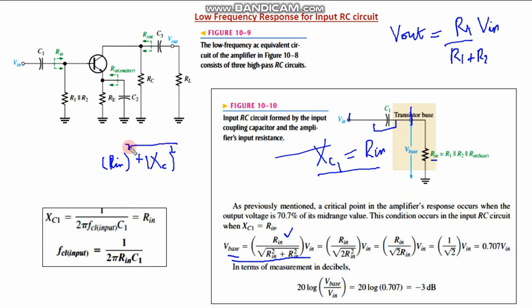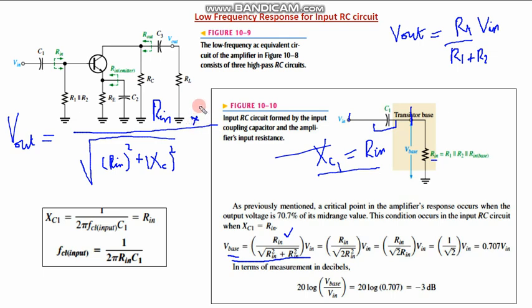So in the denominator it looks like this, and in the numerator I have Rin. This is now equal to V out, I can say, to make it similar to the formula we studied earlier in the previous chapters, times V in.